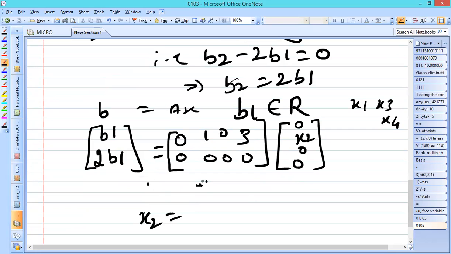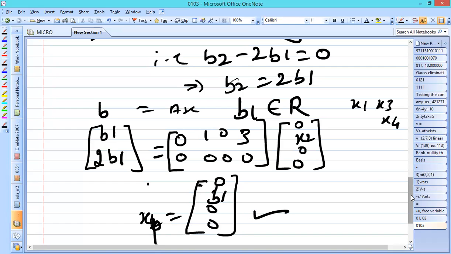So here x2 is equal to b1, and the solution is 0 b1 0 0. This is the particular solution for the equation Ax is equal to b.